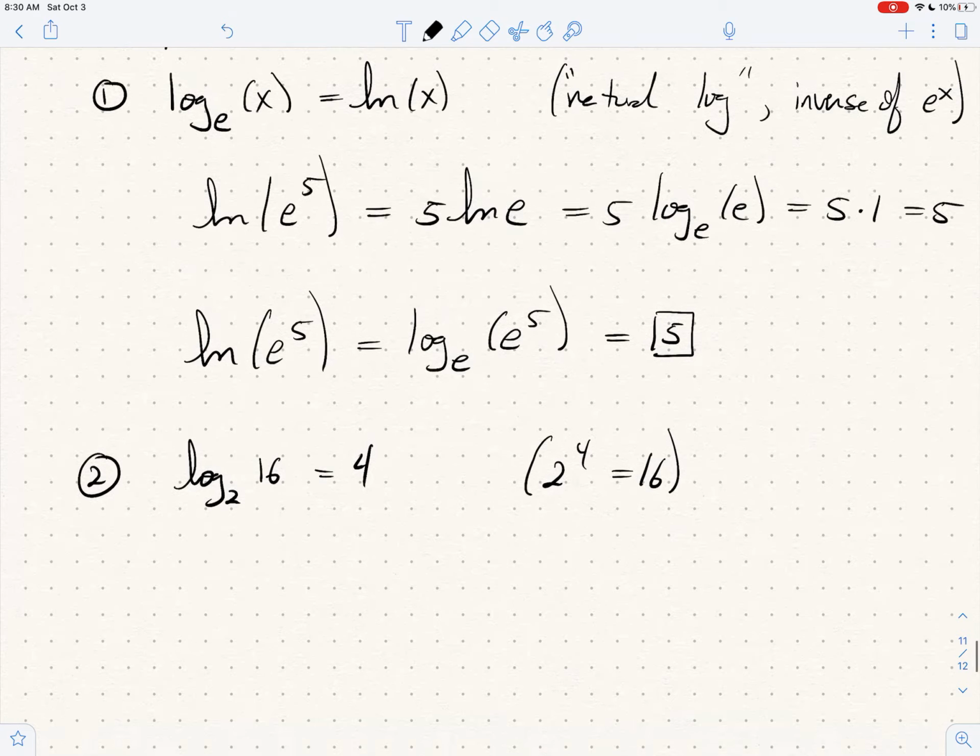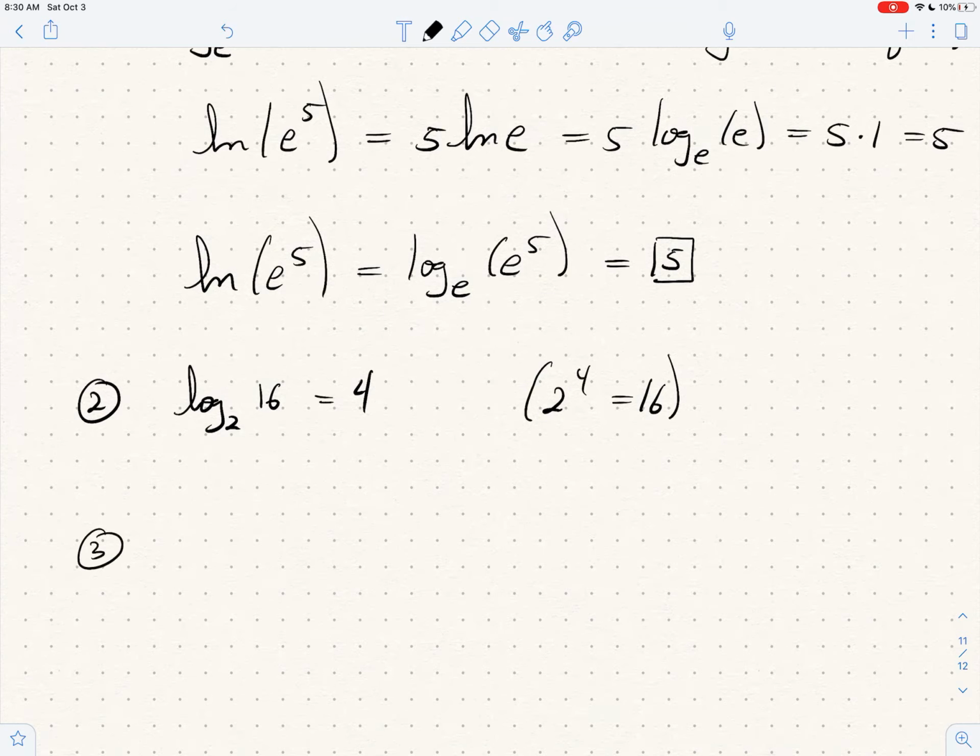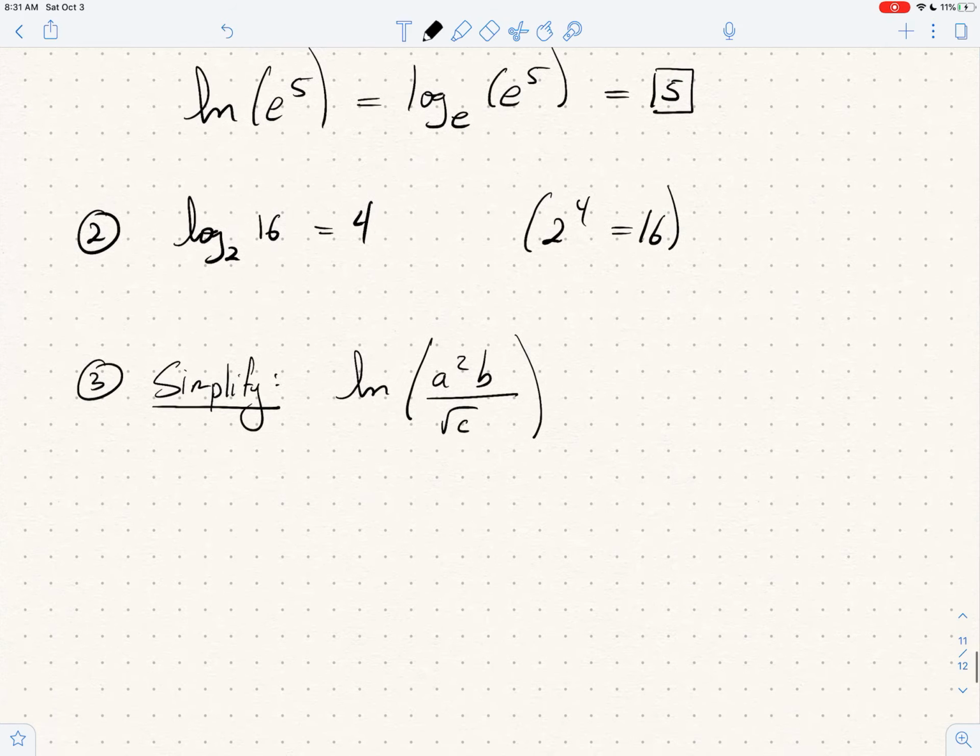A couple other things. You might be asked to simplify. I'm not sure exactly what homework problems I wrote down. But if you have something like the natural log of a squared b over the square root of c, you can reduce this. The natural log of a quotient, I can write as the natural log of a squared b minus the natural log of square root of c, using rules of logs.